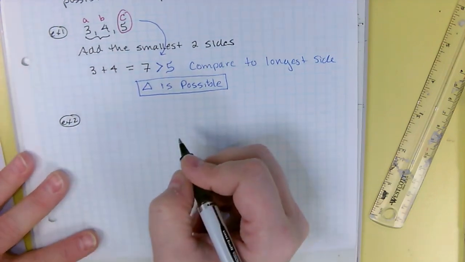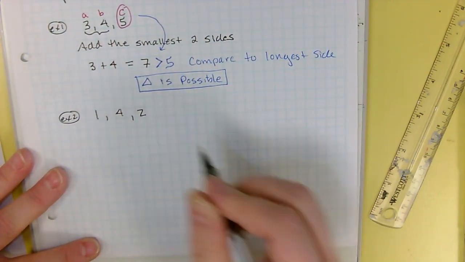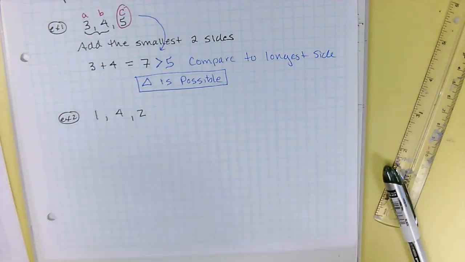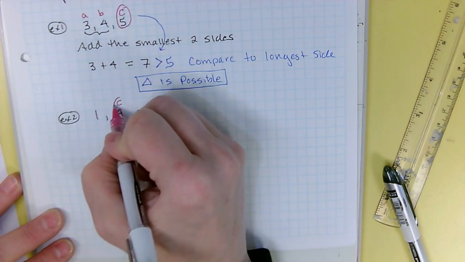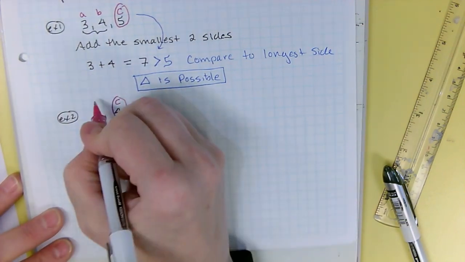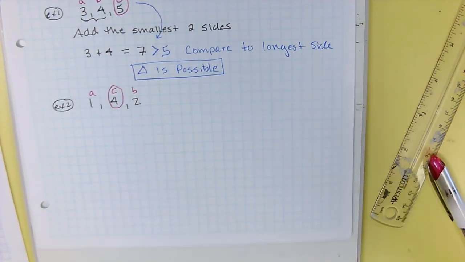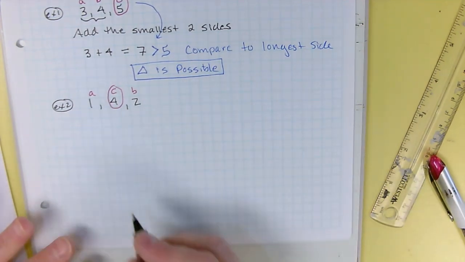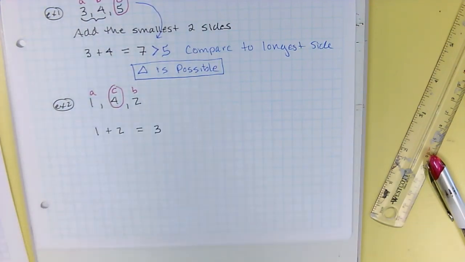All right, let's do another one. Got side lengths 1, 4, and 2. Again, the longest side is always the C, no matter what order they tell you. So C is 4, and then A and B are interchangeable. So we're going to find the sum of the smallest two sides. So I'm going to take 1 plus 2. I get a 3.